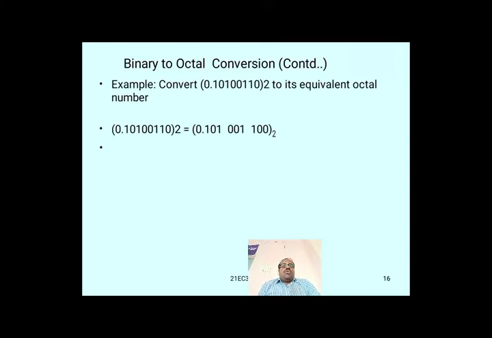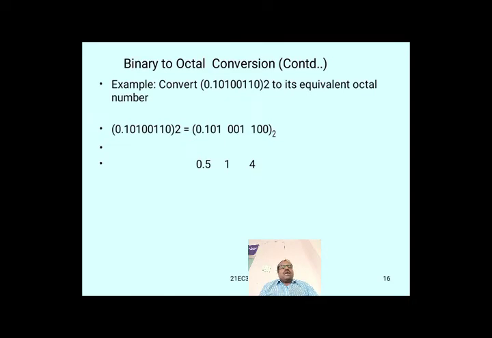See, now I convert those values in the fraction from left to right. That is 101 in one group, 001 in one group, and 100 in another group. Okay, now I am writing the octal values corresponding to the binary. So 101 is 5, 001 is 1, 100 is 4.